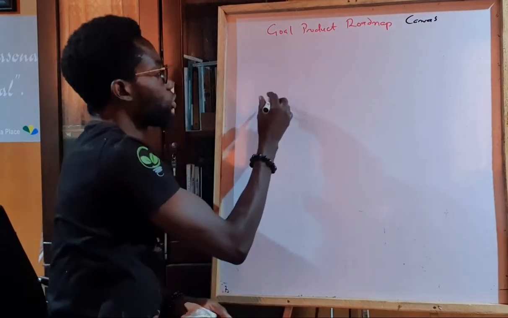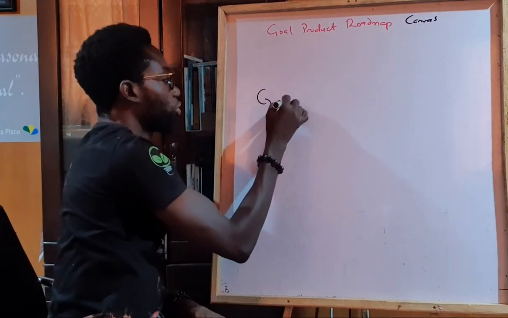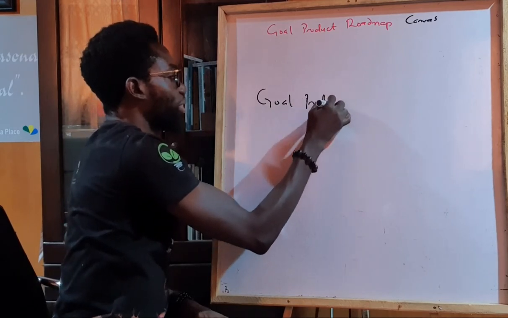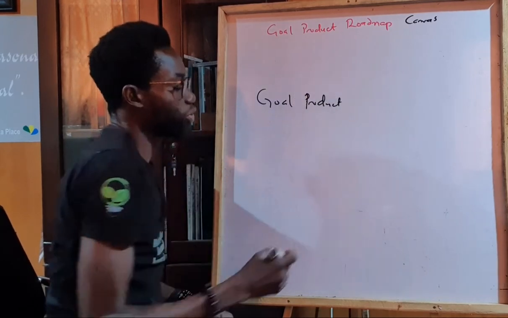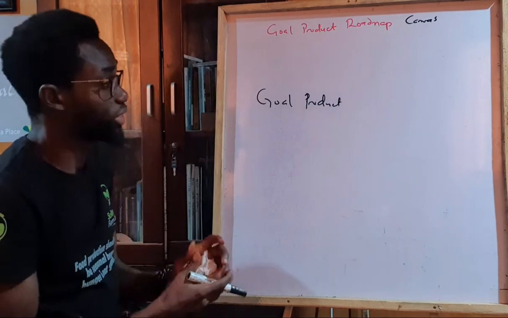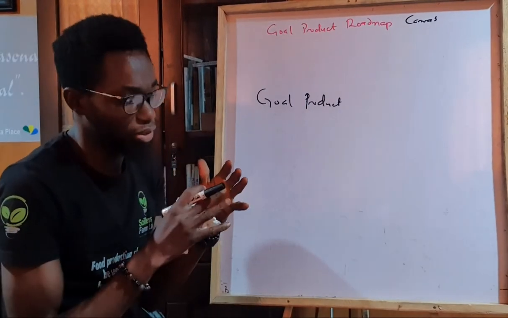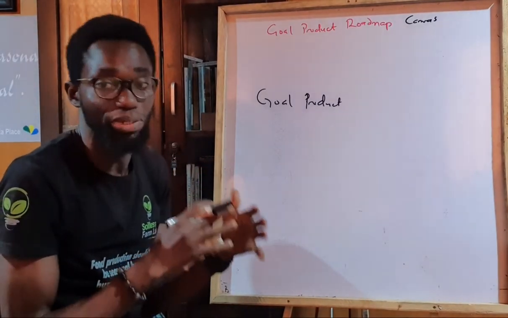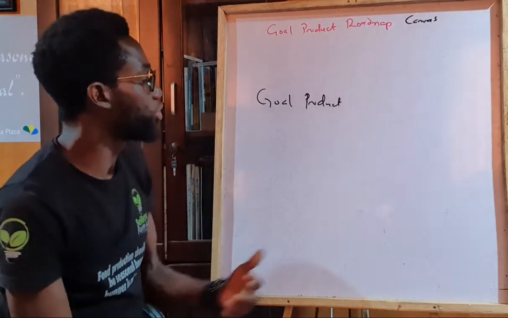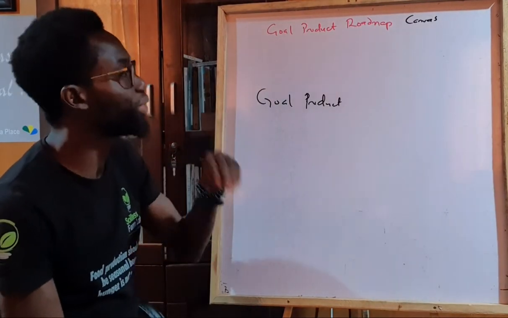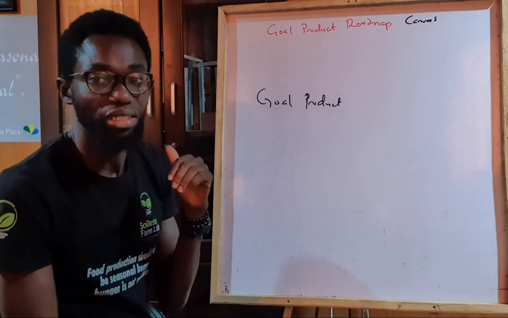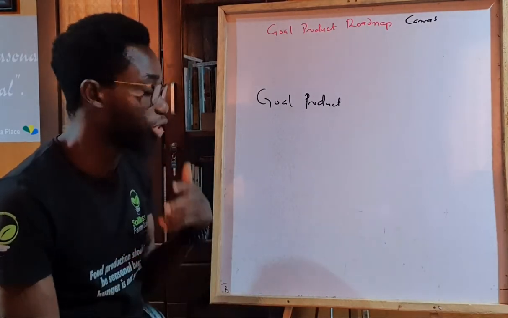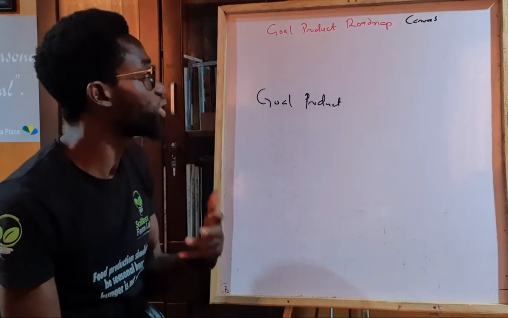So your goal product. Like I said in the previous class, I know that for different people who are part of this, we are at different points or spaces in our business. For some people, we are looking at developing a specific product or launching a new product in 2022.